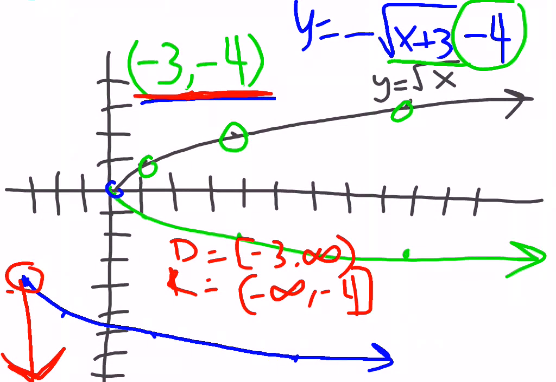It is decreasing from negative 3 to infinity. When we say our interval of decrease, we're talking about the x-axis. Okay? I want you to tell me an interval on the x-axis where it's decreasing. And our end behavior, okay, what's happening as x approaches infinity?